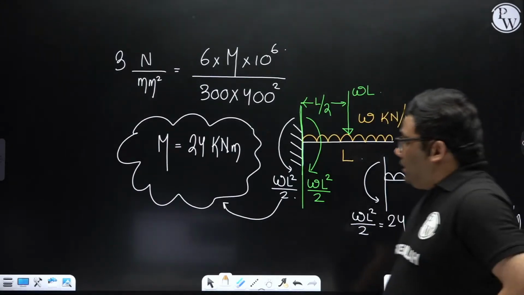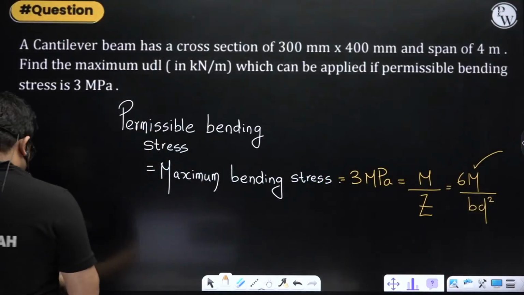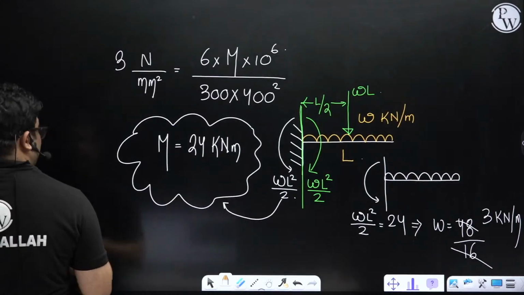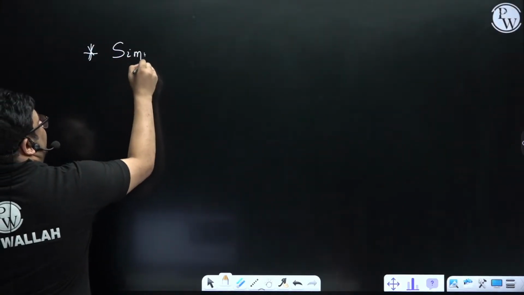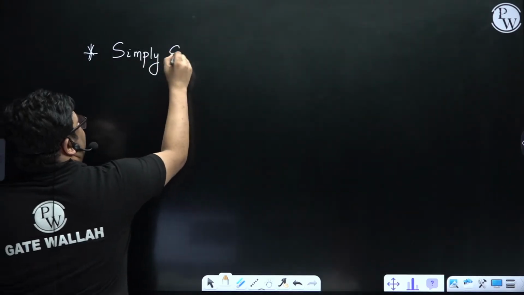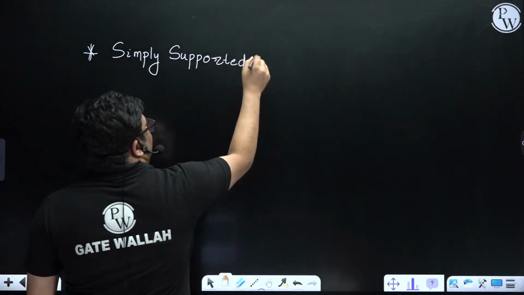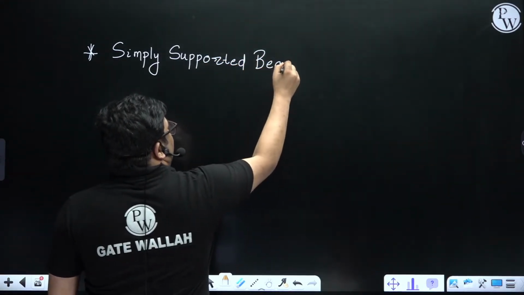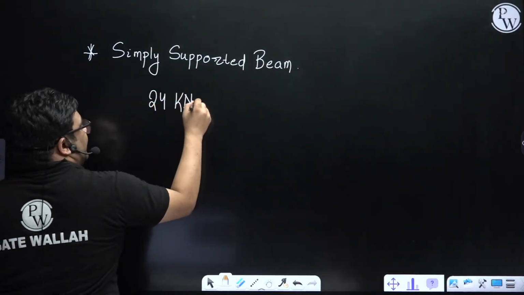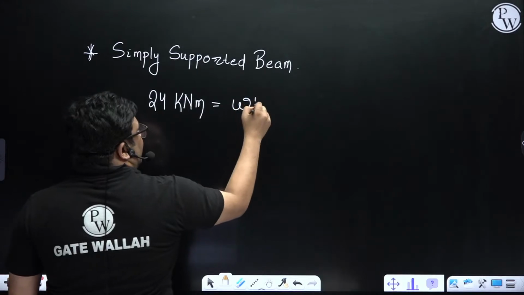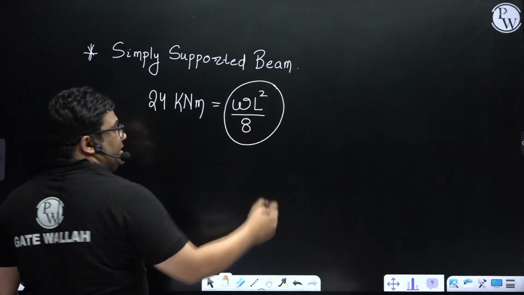Now, if the same question was asked for a simply supported beam instead of a cantilever beam, then that 24 kilonewton meter you would have equated with WL square by 8, because for a simply supported beam this is the maximum bending moment.